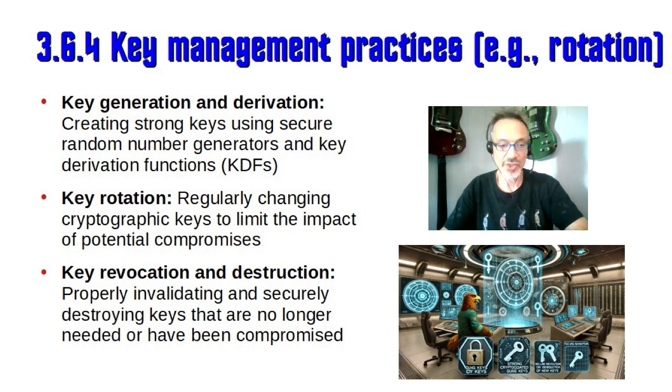Key rotation. This practice involves regularly changing cryptographic keys to limit the impact of potential compromises. The exam may ask about the benefits of key rotation and how often the keys should be rotated in different scenarios. Key revocation. This is the process of invalidating a key before its expiration date in your asymmetric systems, usually due to a compromise or a change in the key holder's status.